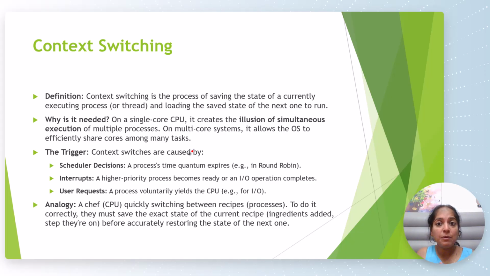Saving the state of the old process in memory and loading the state of the new process is called context switching. Context switching is the process of saving the state of a currently executing process and loading the saved state of the next one to run.